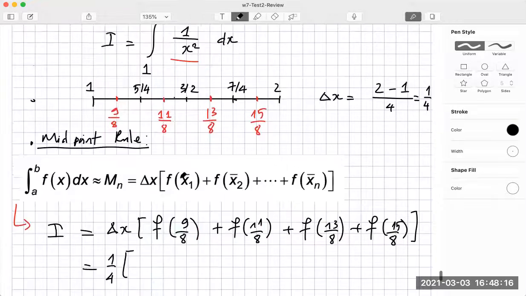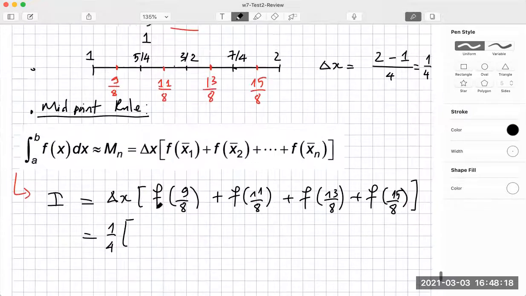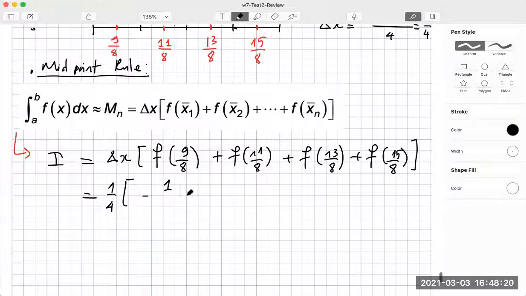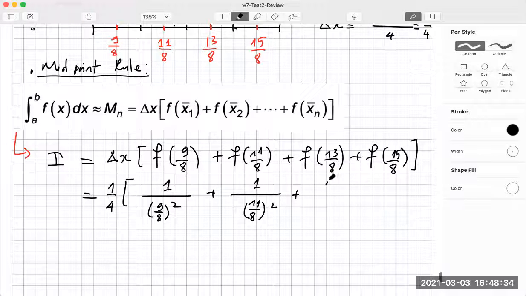F of 9 over 8 will be 1 over the input squared, which is 9 over 8 squared, plus 1 over 11 over 8 squared, plus 1 over 13 over 8 squared, plus 1 over 15 over 8 squared.